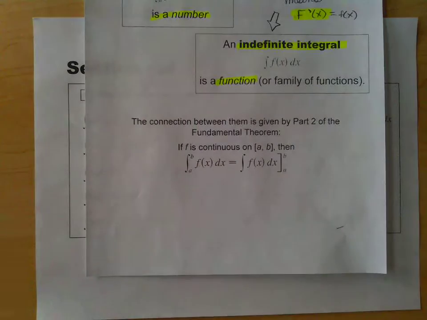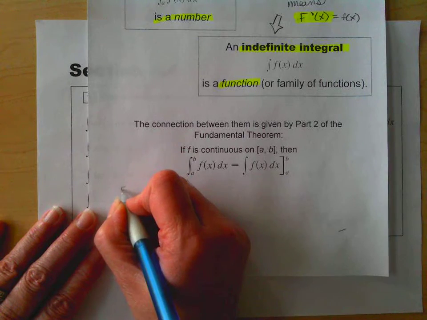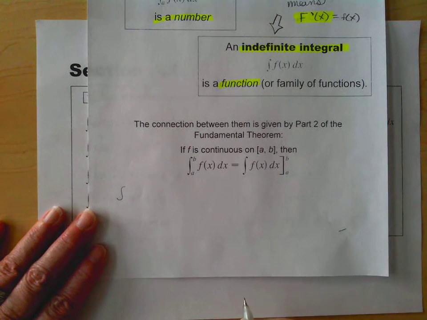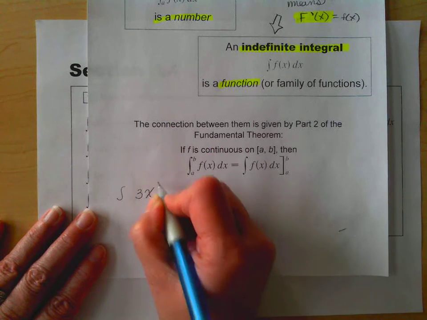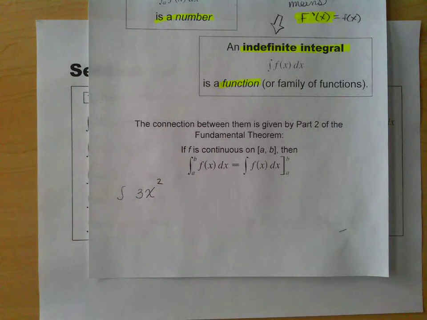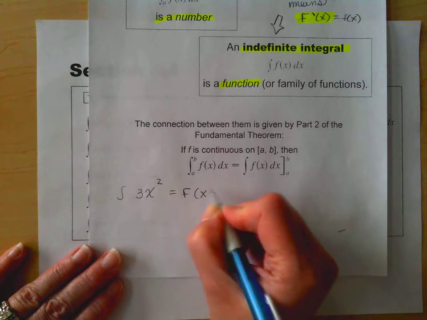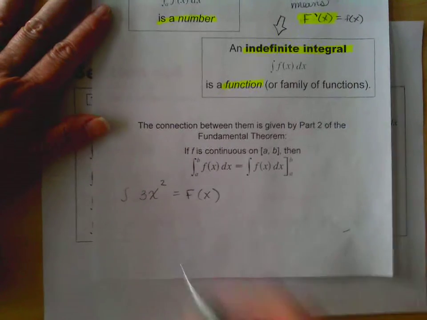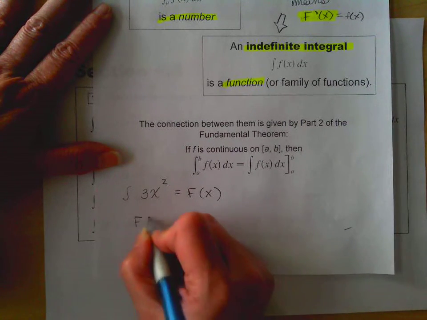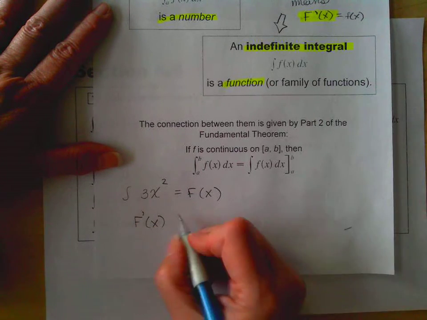If we were trying to find the most general antiderivative of 3x squared, what we're looking for is what function can I take the derivative of and get 3x squared back?